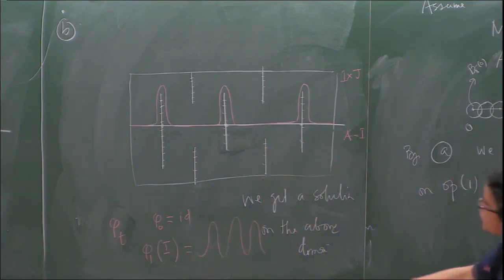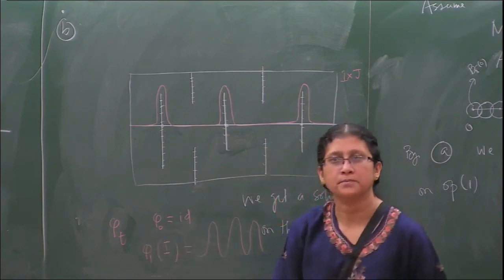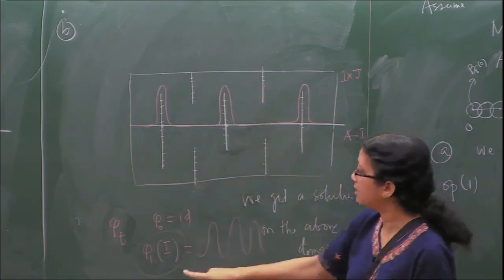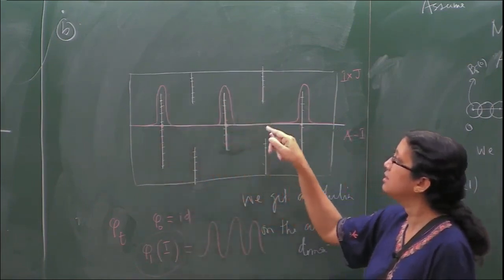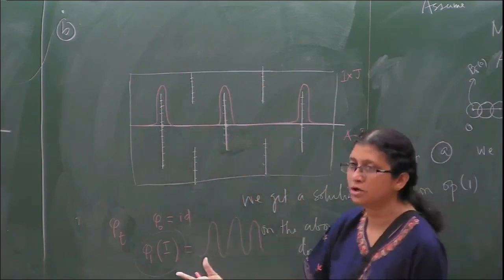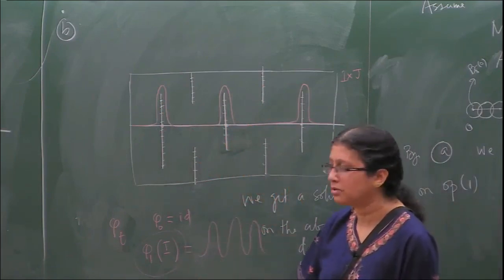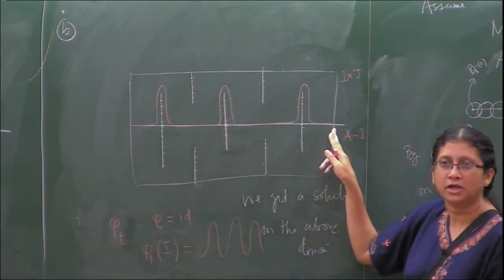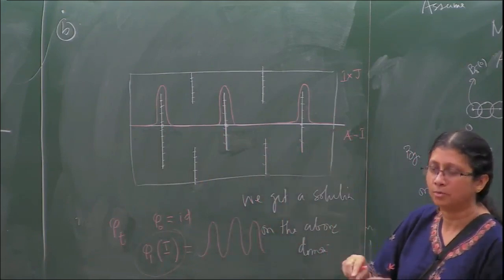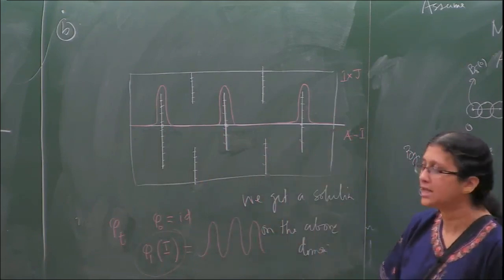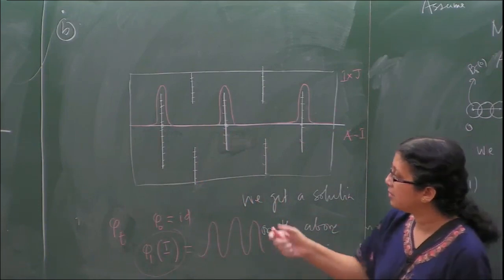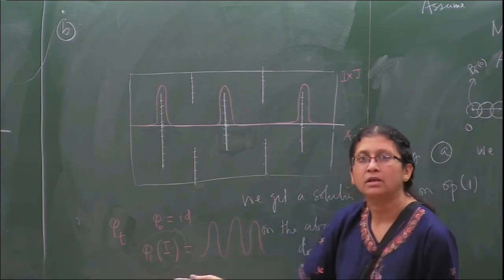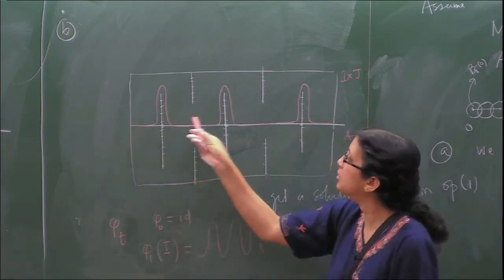So I have a solution on a neighborhood of phi 1 I, because my solution is on the complement of these slits, and this phi 1 I is sitting inside the complement of the slit. So there I have a solution. So again what I do, I simply pull it back by phi t to bring it back on a neighborhood of this. Exactly the same thing as in the case of going from a small neighborhood to the bigger neighborhood. Again my relation is diff invariant, so when I pull the solution back by a diffeotopy, it will give me a solution now in a neighborhood of this.